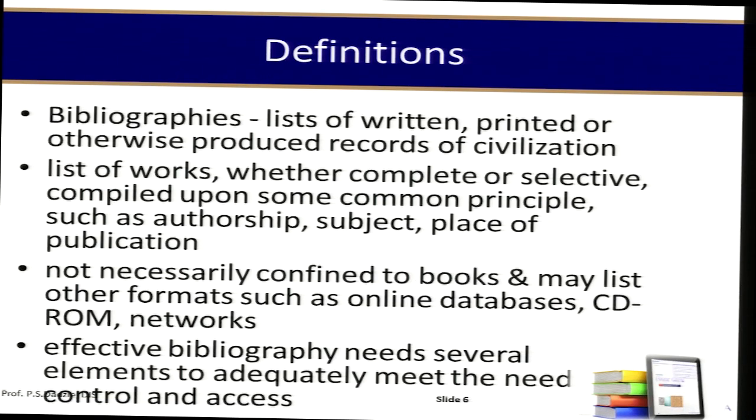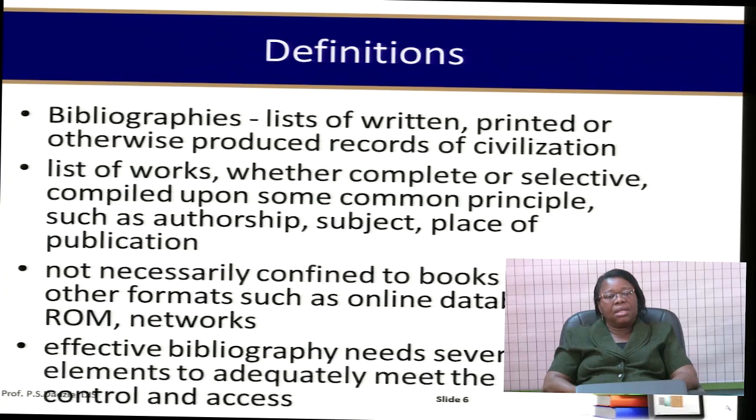So what are bibliographies? Bibliographies are lists of written, printed, or otherwise produced records of civilization. It is a list of works, whether complete or selective, compiled based upon some common principle.